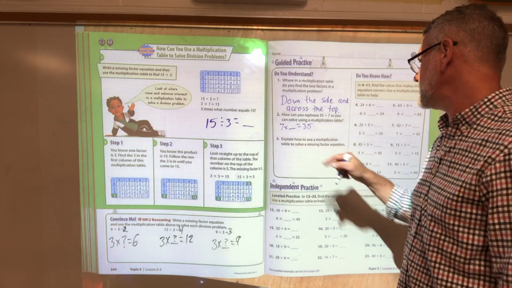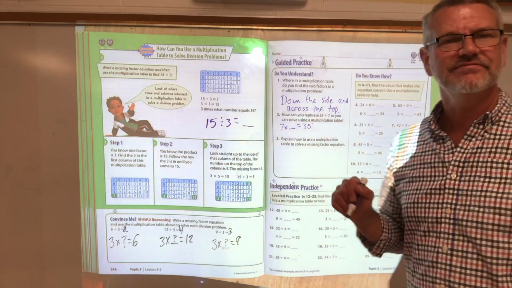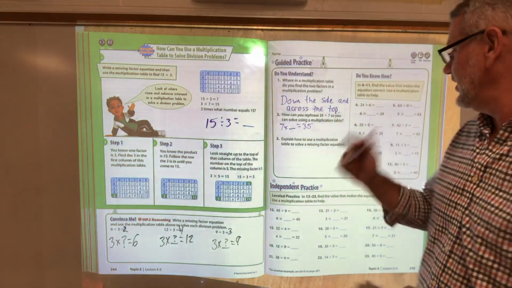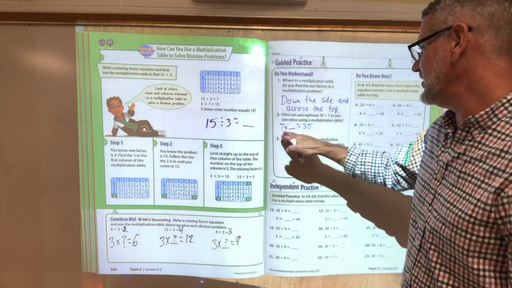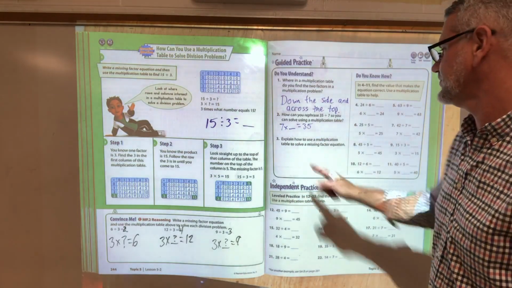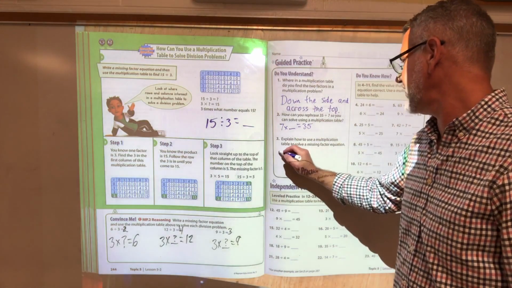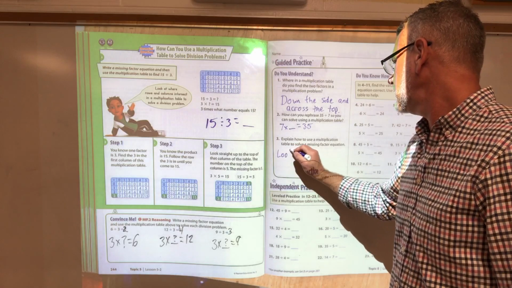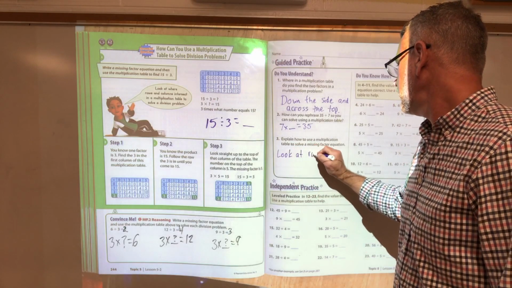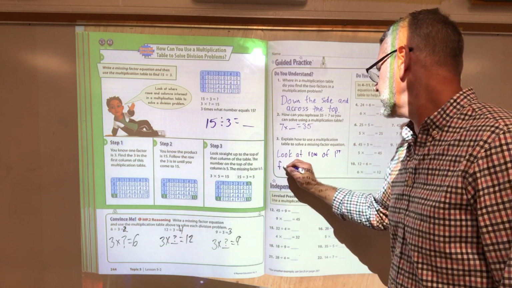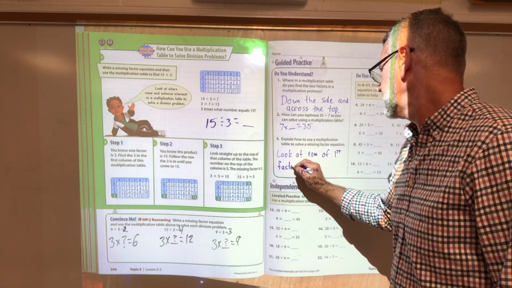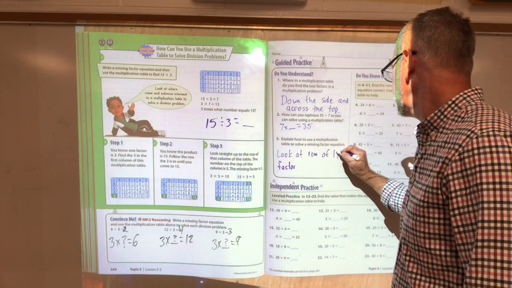Explain how to use a multiplication table to solve a missing factor equation. Well, you write the missing factor equation. You go to the row of the first factor, or the known factor.